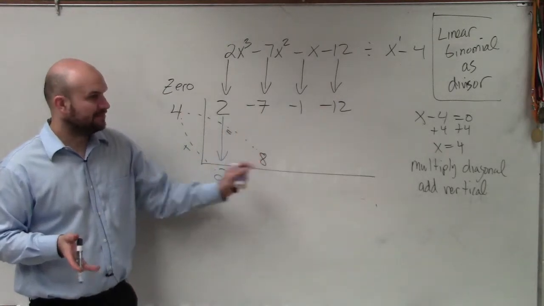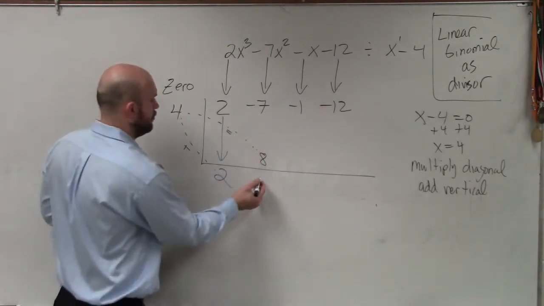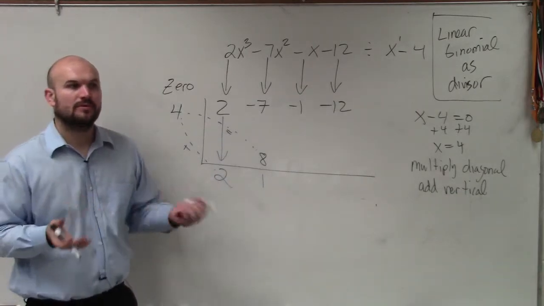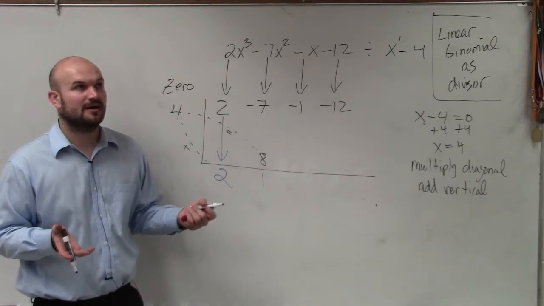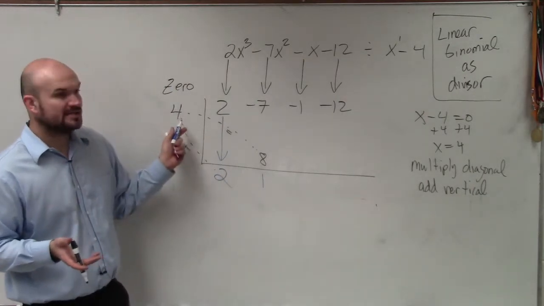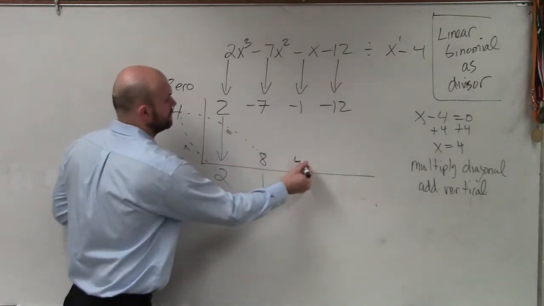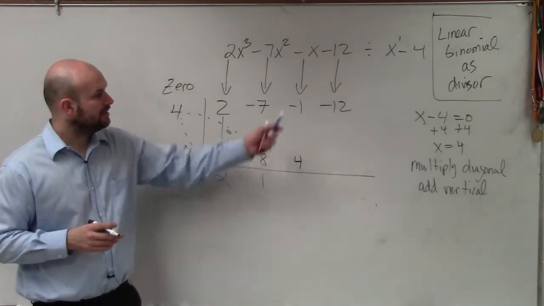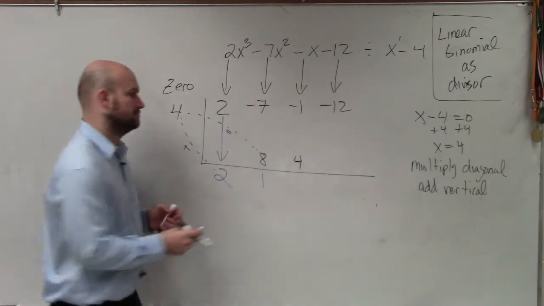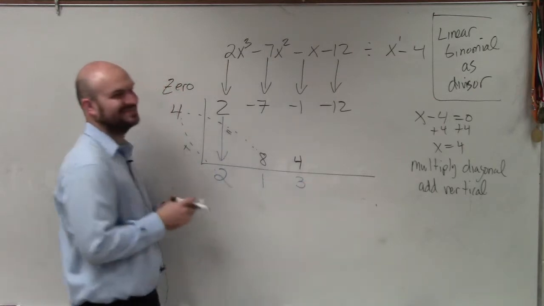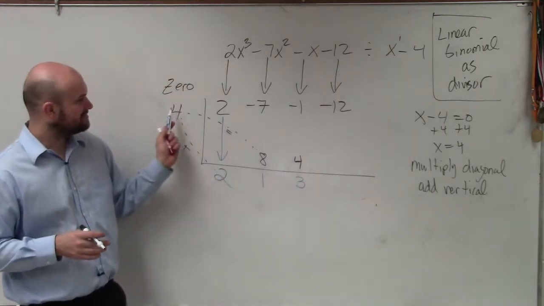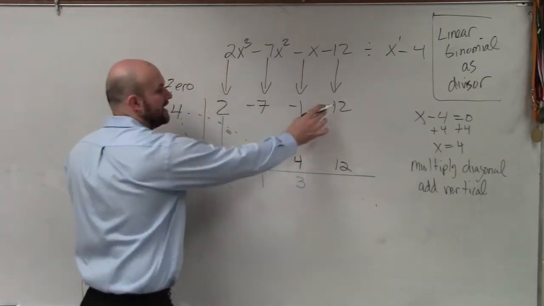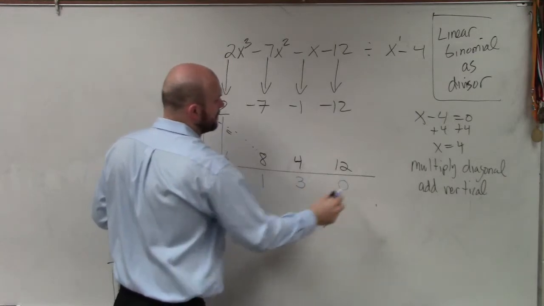Add. -7 plus 8 is -1. Now, the diagonal? Multiply. -1 times 4 is -4. Then we add the vertical. -1 plus -4 is -5. Then -5 times 4 is -20. -12 plus 12 is 0.